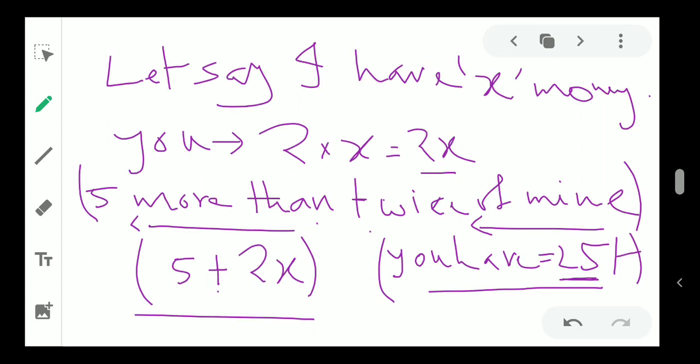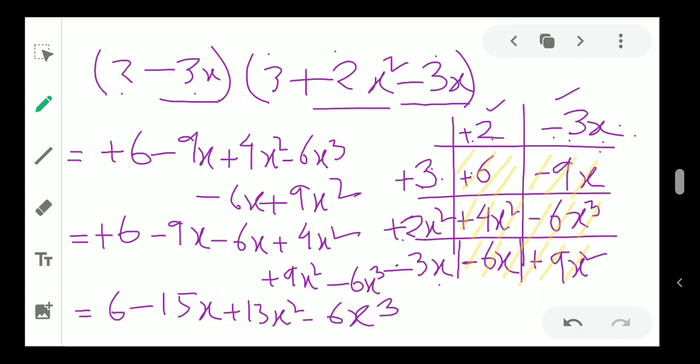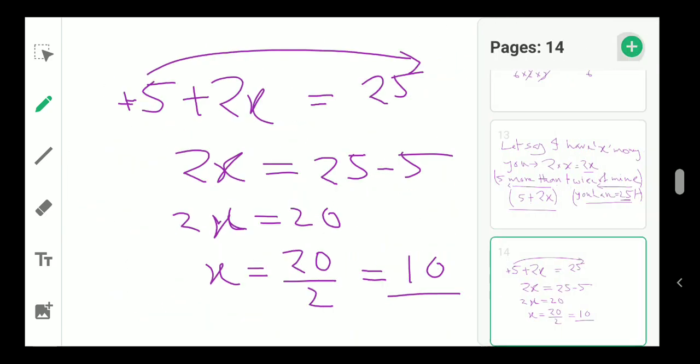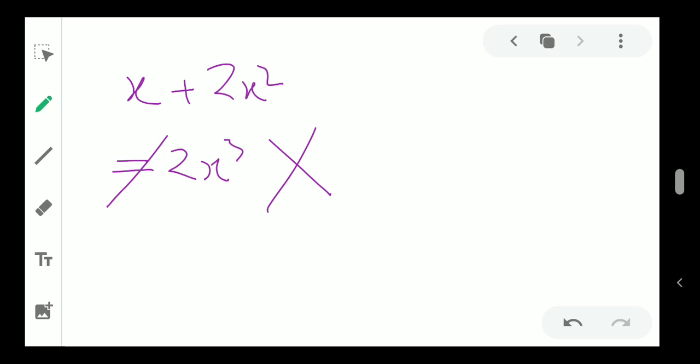So this much was there in algebra. Don't do 2-3 things. If you have x and 2x square, do not make these equal to 2x cube. No, it is not correct, because x square and x are different terms.